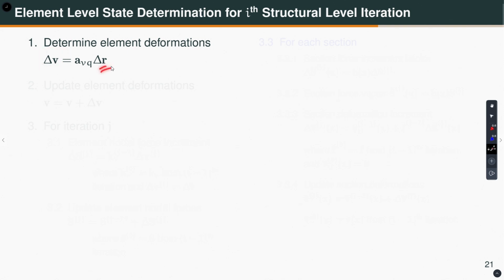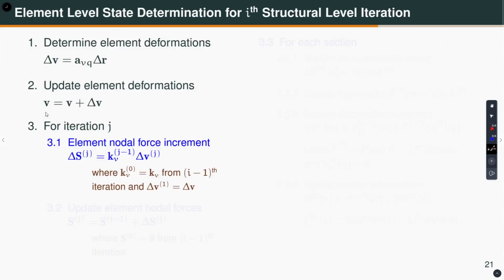Basically I am just writing it in one step. From delta R you get delta Q and then you multiply AVQ by delta Q to get delta V. Then update this element deformation, you have initially V plus delta V. So, this is your current element deformation. Then your element level iteration starts. Just like I said, you have to do it iteratively, you cannot do it directly like a stiffness based or displacement based formulation.